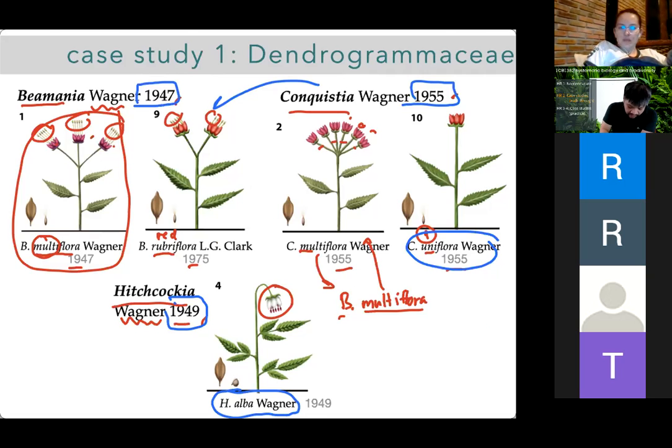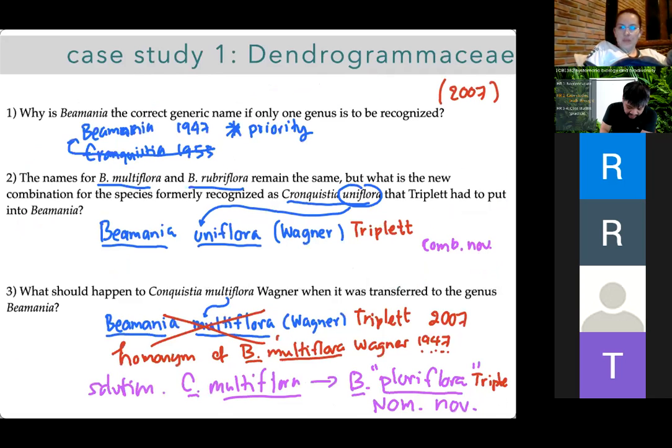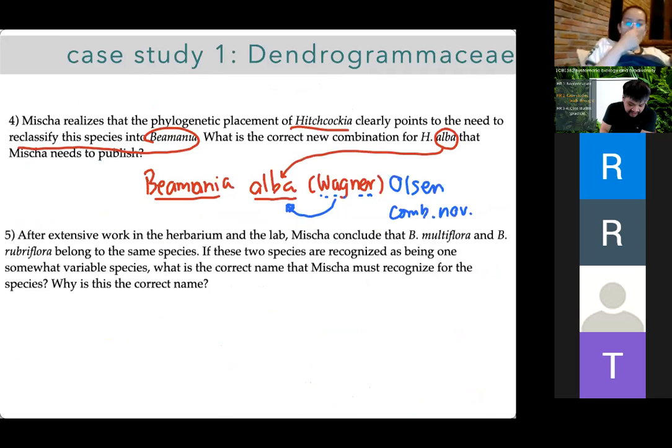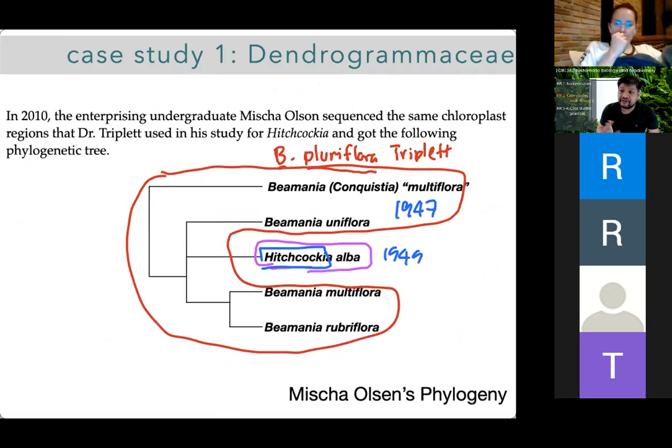So, I see what you mean. Let's imagine for a second. This is not the case, but if Hitchcockia is older, what happens? We're going to have a really complicated situation.